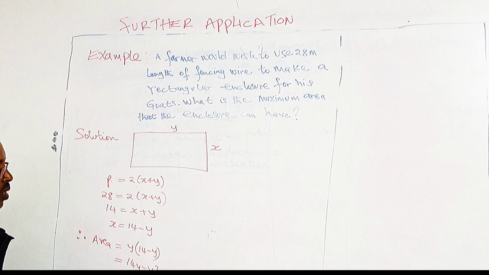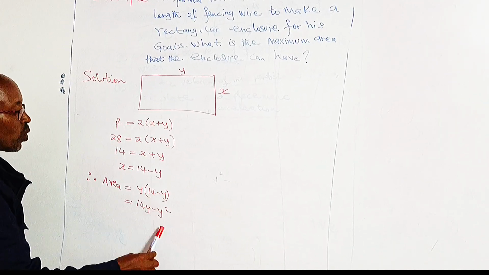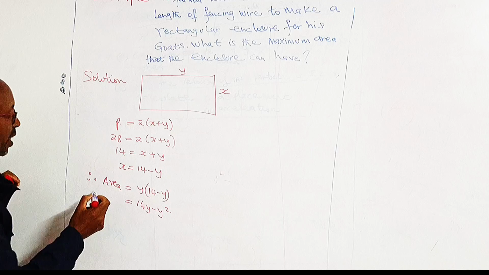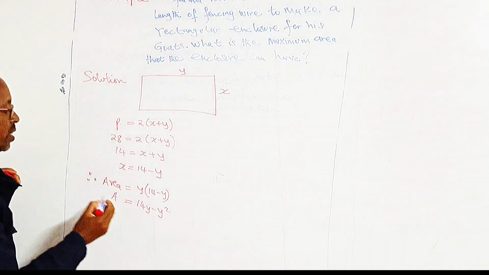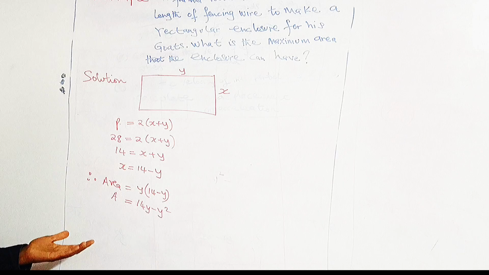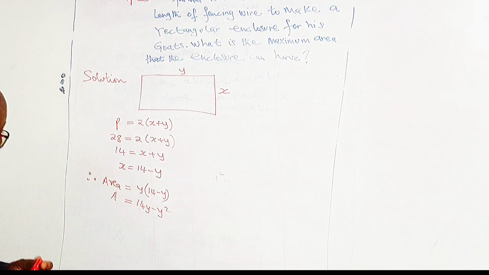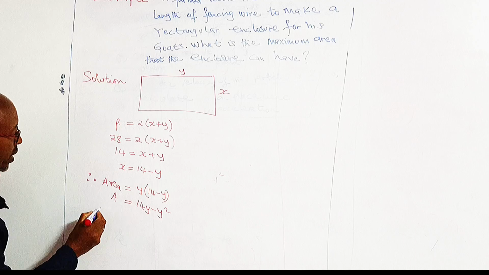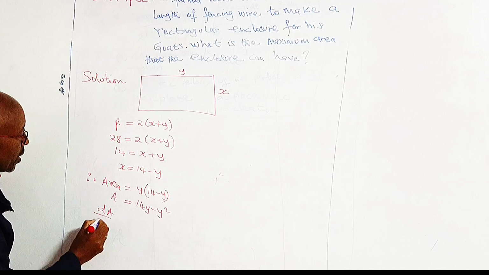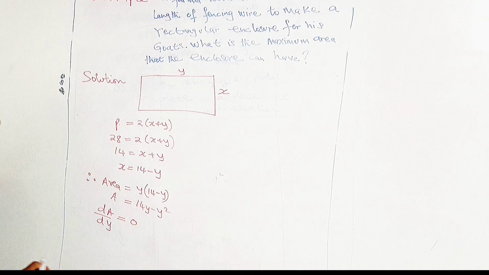Opening the bracket, we'll have 14y minus y squared. So our area A is equal to 14y minus y squared. The area will be maximum when dA/dy is equal to 0.